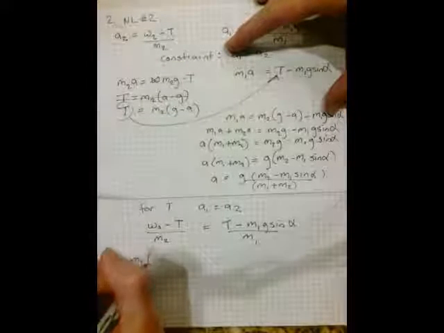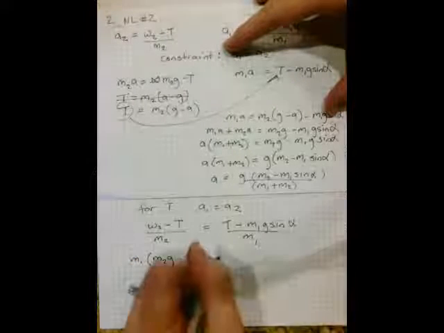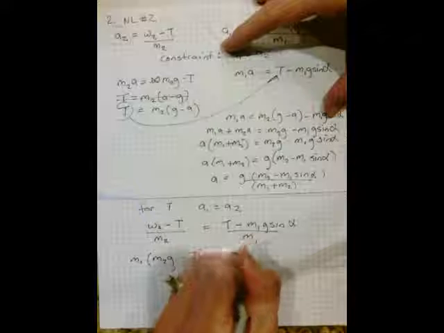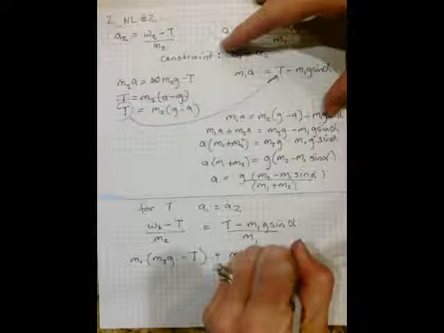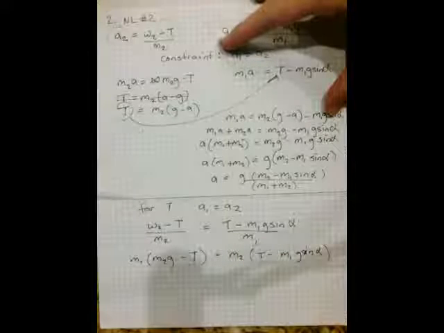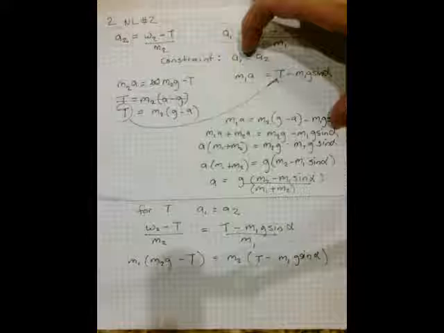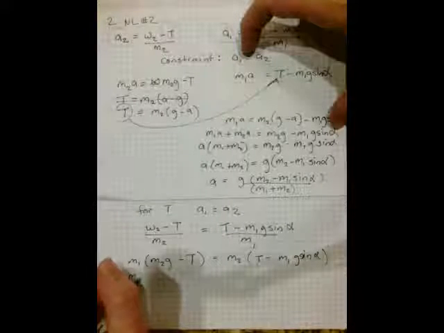So we've got m1 times weight 2, which is m2 g minus T. And then we have m2 times T minus m1 g sine theta. I feel impelled to show you that whatever notation you take, we're going to end up with the same answer.